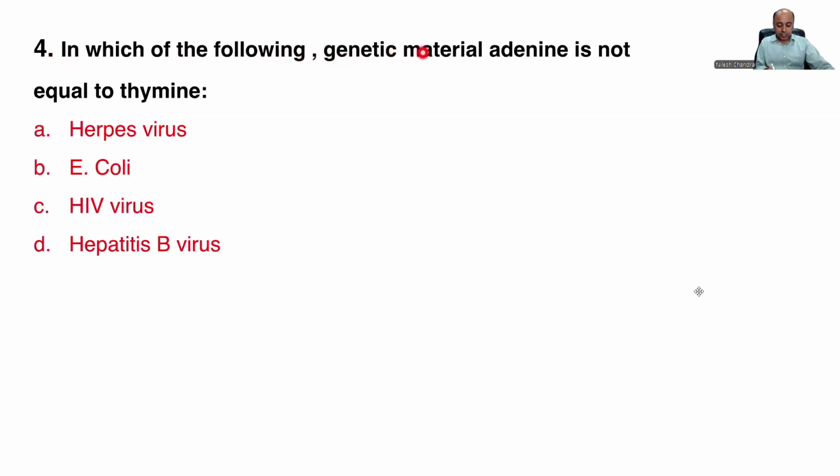In which of the following genetic material adenine is not equal to thymine? Your options are herpes virus, E. coli, HIV virus, and hepatitis B virus. Okay, so what you have to remember, the genetic material adenine equal to thymine will be applicable when you have the double-stranded nucleic acid. Okay, particularly double-strand DNA, because the thymine will be there in the DNA only.